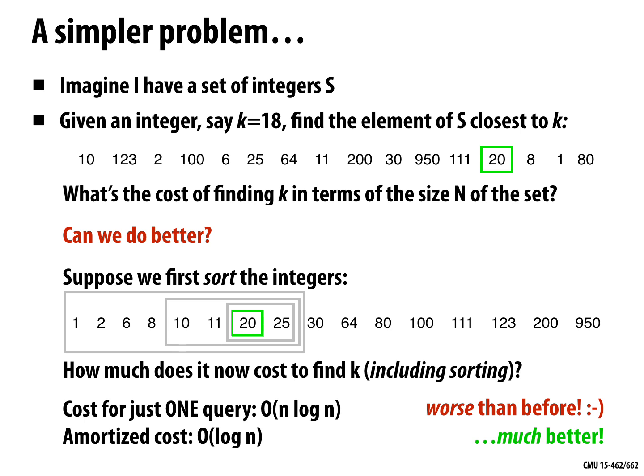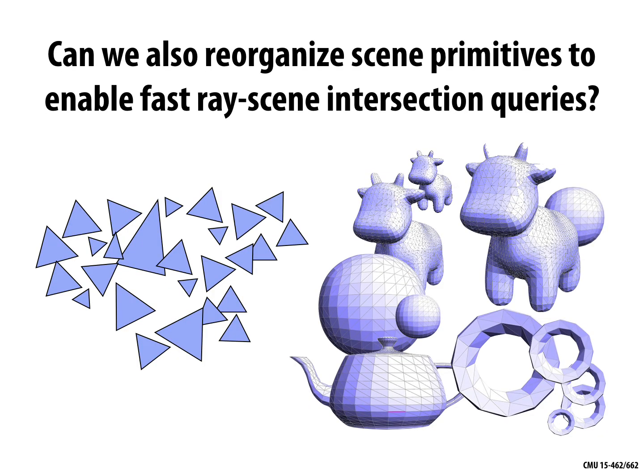So that's a great analogy for the kinds of spatial data structures we want to develop. And so now we're faced again with this original question of doing queries on meshes. We want to know, can we reorganize the scene just like we reorganized our array to enable fast ray scene intersection queries?